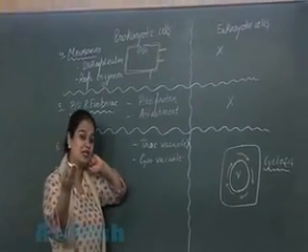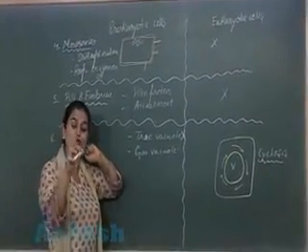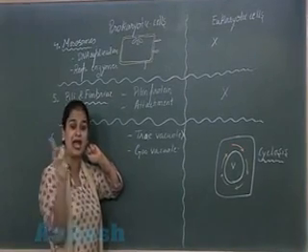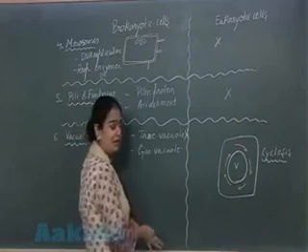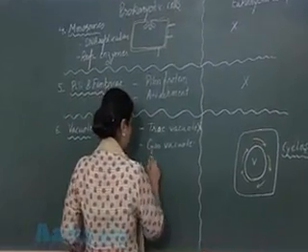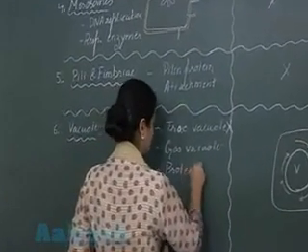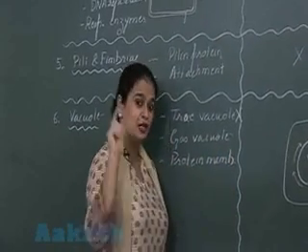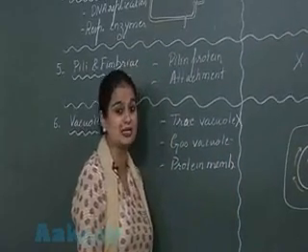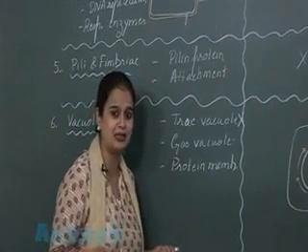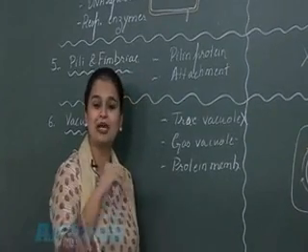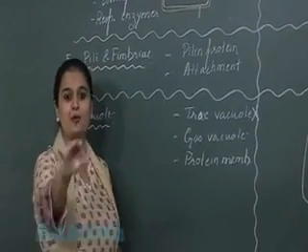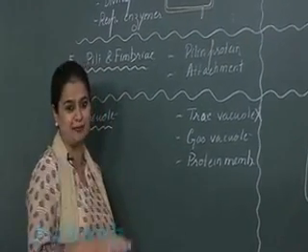So what is the definition of a true membrane? A true membrane is one which is made up of lipid bilayer and proteins, but here the membrane which is present is only proteinaceous in nature. So you're getting this point? What do we call a true membrane? One in which lipid bilayer and proteins are present. But here the membrane present around the vacuole is only a proteinaceous membrane.